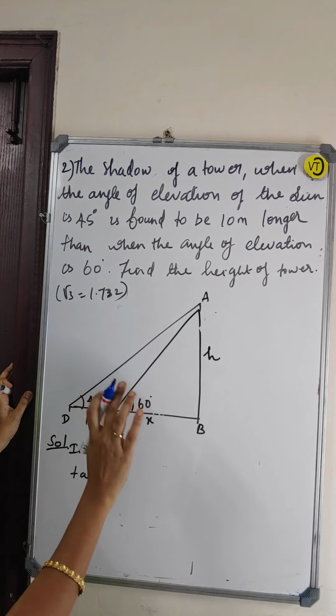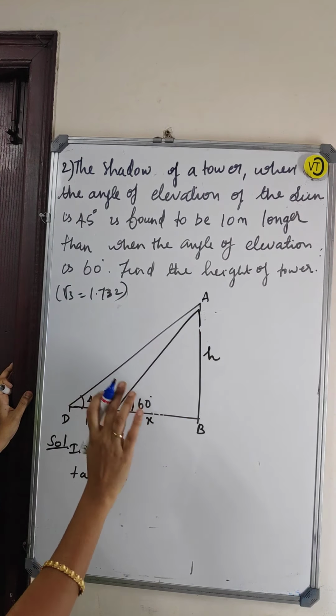You apply now. Root 3 is equal to h by h minus 10. In the place of x, I just wrote h minus 10 from equation 1. The equation contains h only now. Now cross multiply. Root 3 into h minus 10 is equal to h.